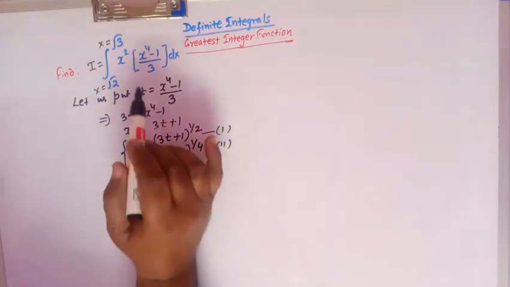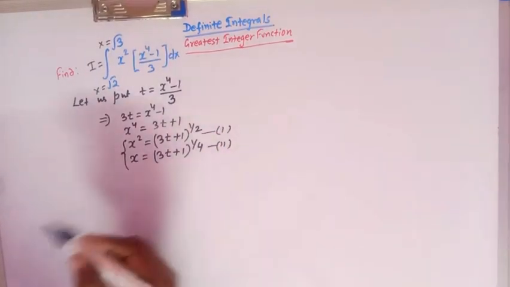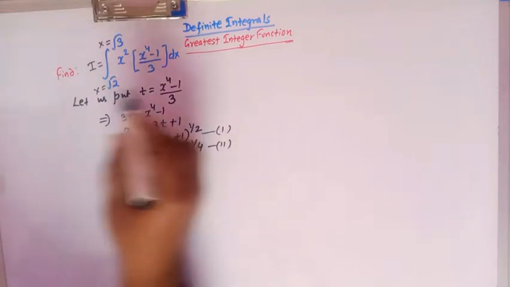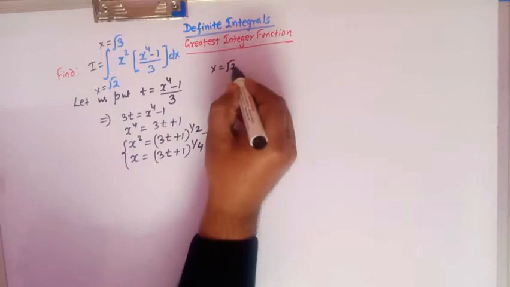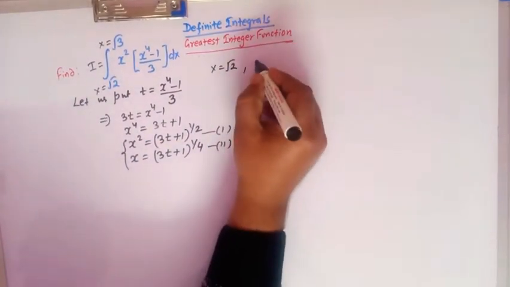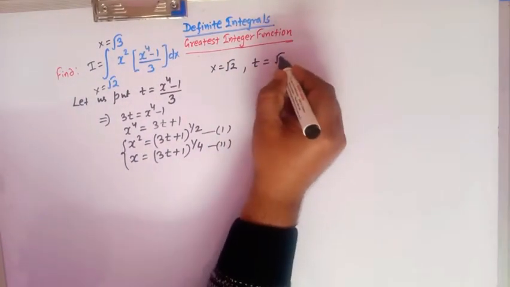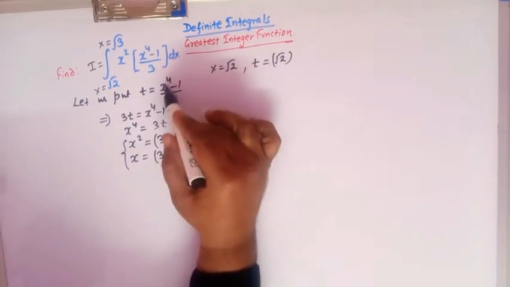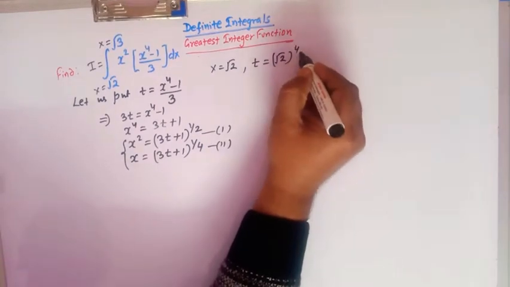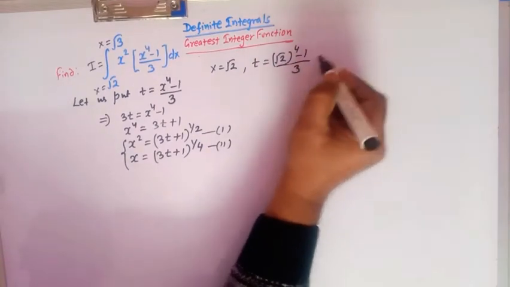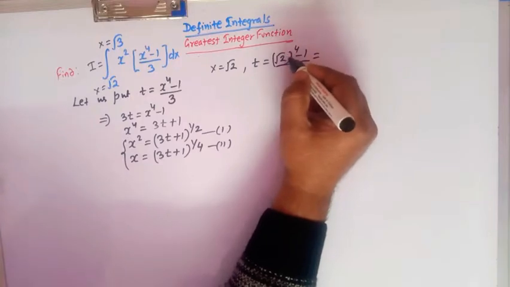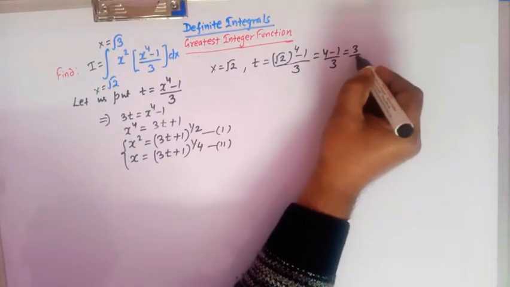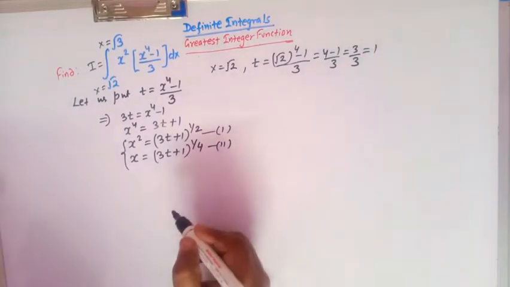Okay, now we are changing the variable x to t, so let us change the limits accordingly, right? So when x is equal to square root of 2, then the value of t is (root 2^4 - 1)/3. So we have here (4 - 1)/3, that is 3 over 3, that is 1, right?